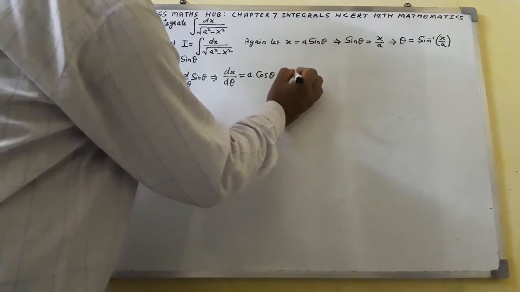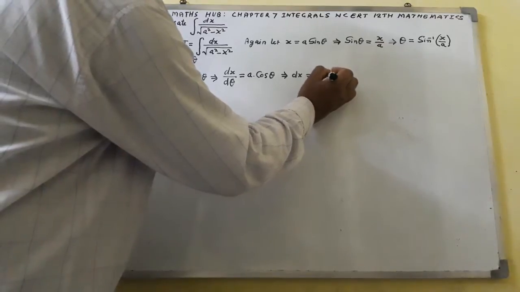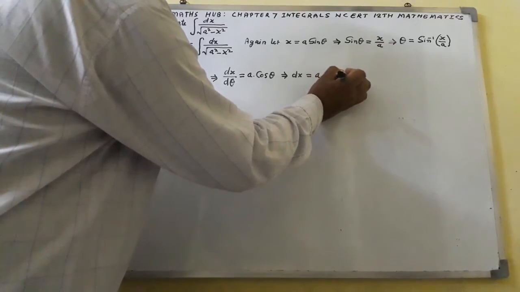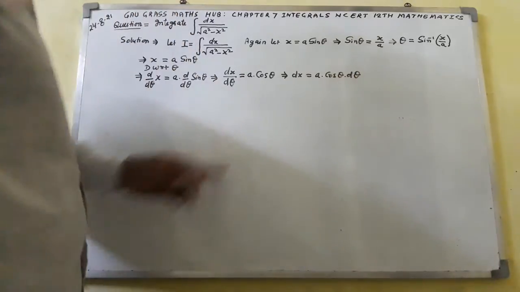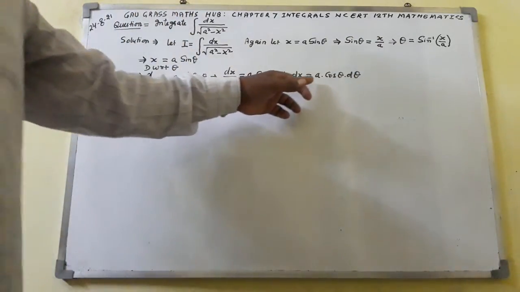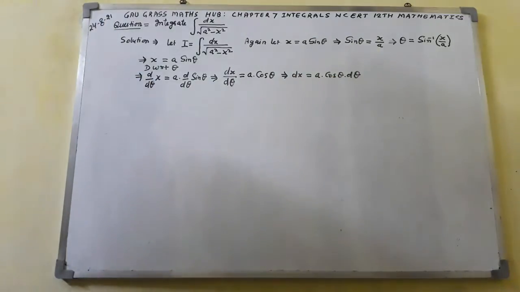This implies that dx equals a cos theta d theta. The value of dx you have got is a cos theta d theta.